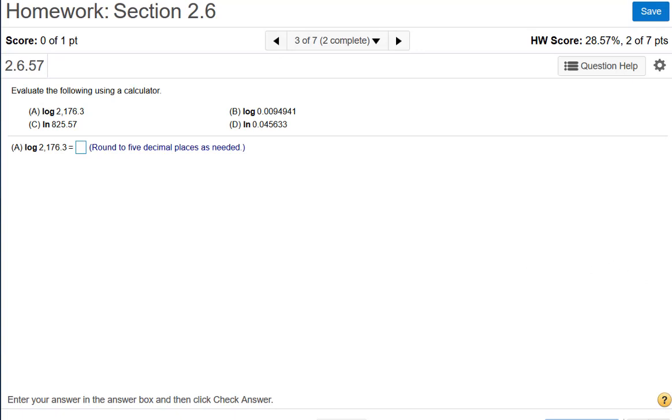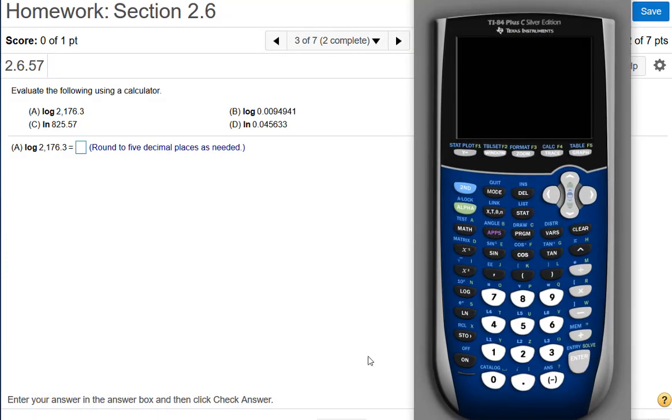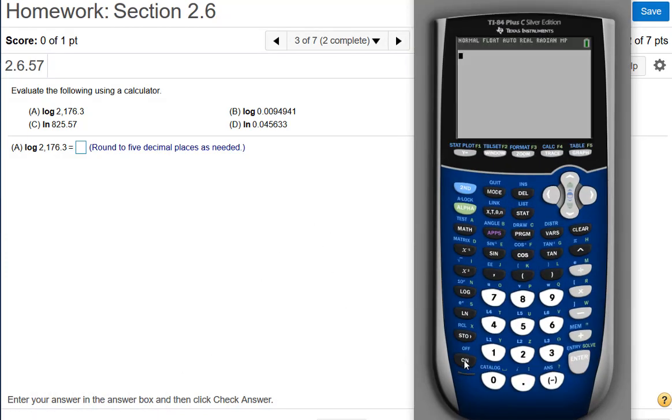Now these involve typing on our calculator. So I will take out my TI calculator and we'll start with a log 2176.3. Now on our instructions we're rounding to 5 decimal places.